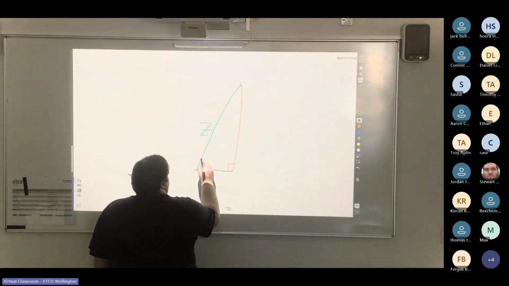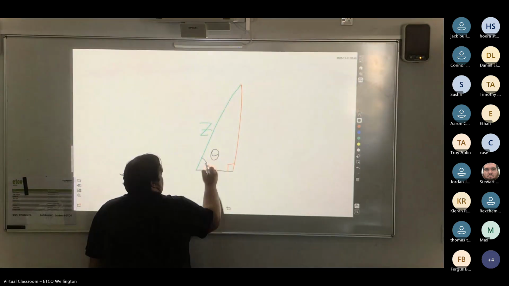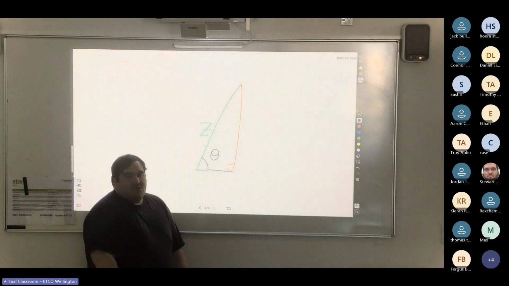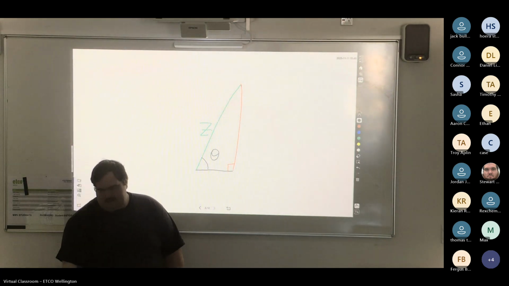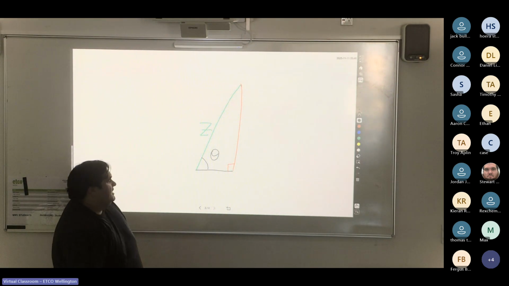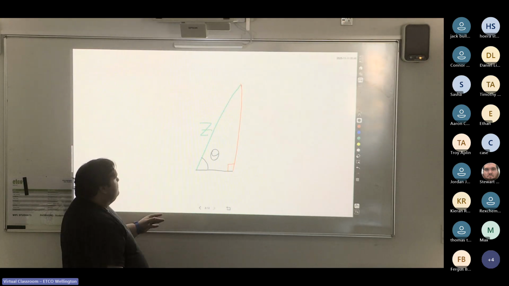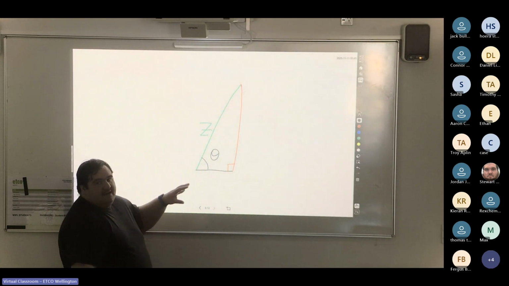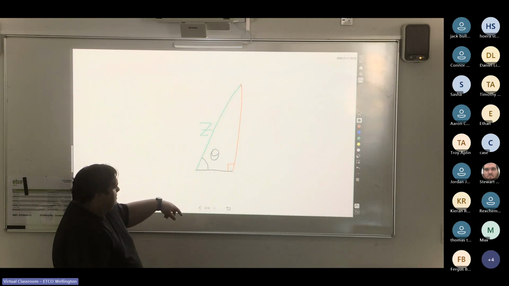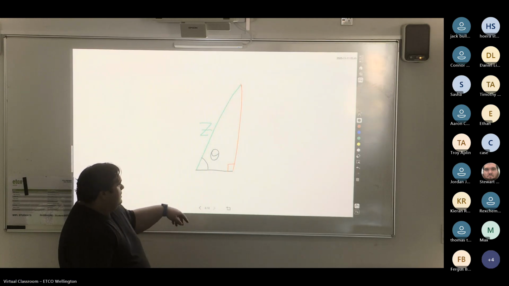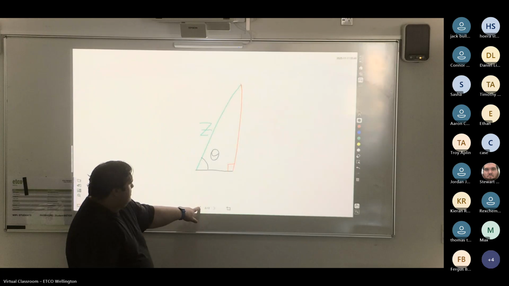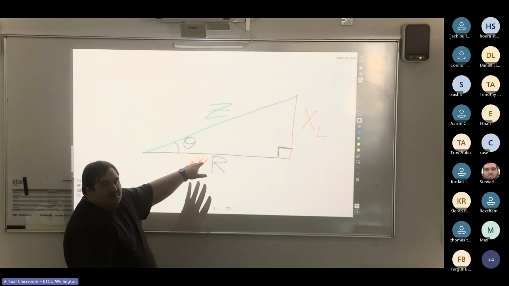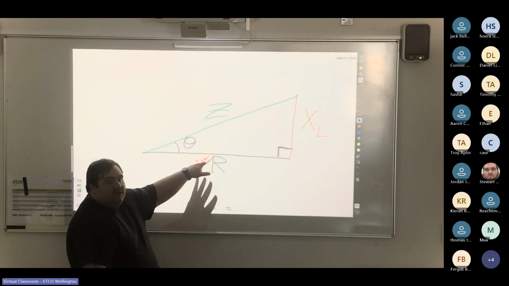And then obviously our phase angle has gotten a lot bigger. So this is most likely what the phase angle would be inside of an inductor, but this is closer to what it would be in a real life circuit.